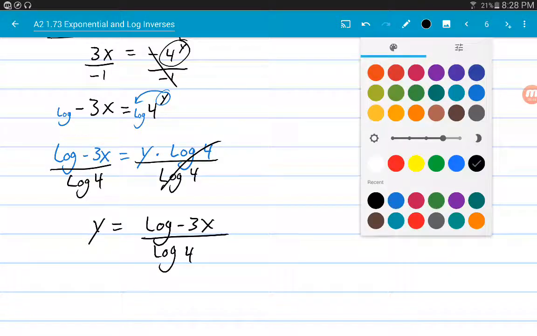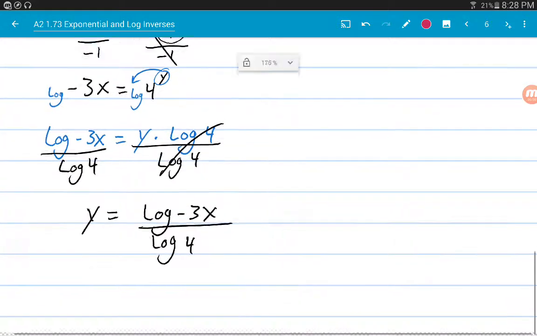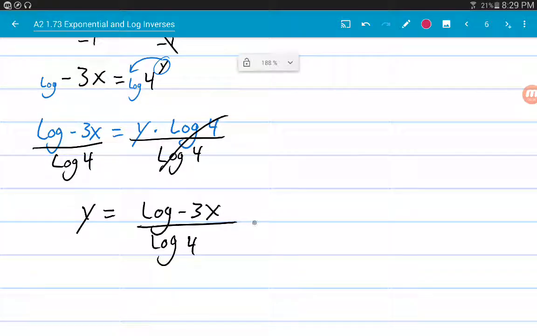Now that's essentially what we've been doing, so it seems a little more complex because we have to switch x and y in the beginning, but besides that, it's essentially the same steps that we've been doing. Now the one thing that you did not know until this lesson is I can take these two logs, a log divided by a log, and smush them into one log.